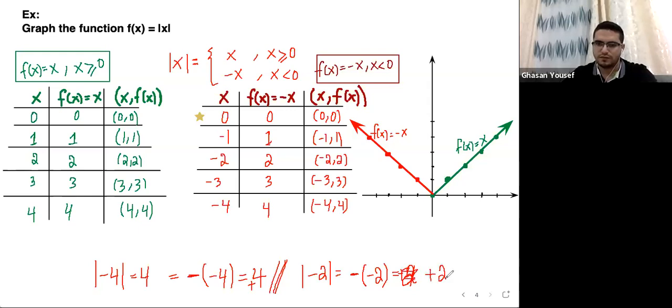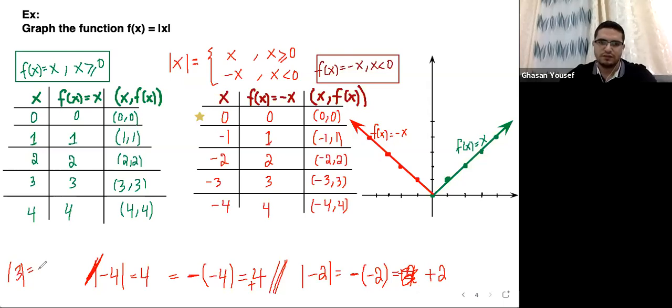Positive 2. Another thing, if I want to give you the absolute value of, for example, 3. The 3 is in the first domain. Here, the 3 is greater than 0. So the function says, if the number is greater than 0, just put the same number. Don't do anything, put the x.